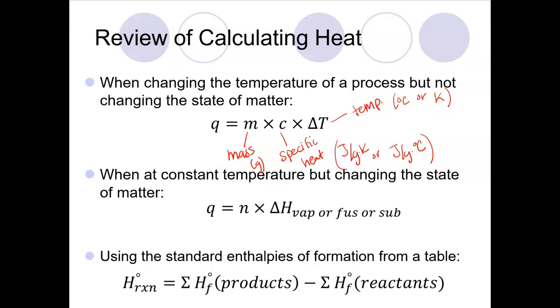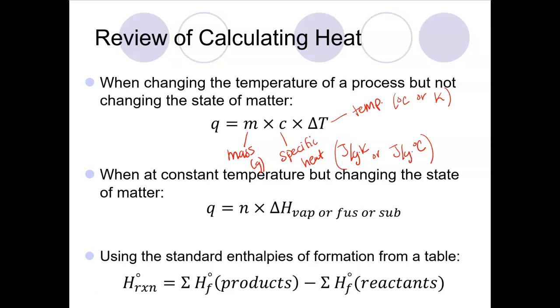It does not matter which, because delta T means final minus initial. If you subtract two temperatures that are both in degrees Celsius, or those same two temperatures once they're both converted to Kelvin, you get the same thing, because the size of a degree Celsius and the size of a Kelvin are the same. So if something goes up by 10 degrees Celsius, the temperature also went up by 10 Kelvin. Since it says delta T, it doesn't matter the units as long as the final and the initial are in the same units.